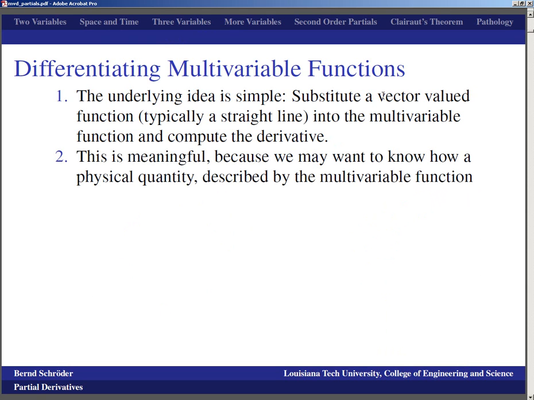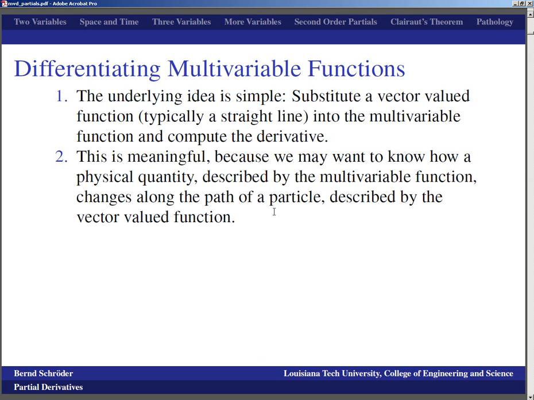So, this kind of substituting a vector-valued function, like a straight line, into a multivariable function, and then computing the derivative, that in itself already is meaningful, because we may want to know how a physical quantity that is described by the multivariable function changes along the path of a particle which is described by the vector-valued function, such as, say, how temperature or pressure changes along the path of an airplane.